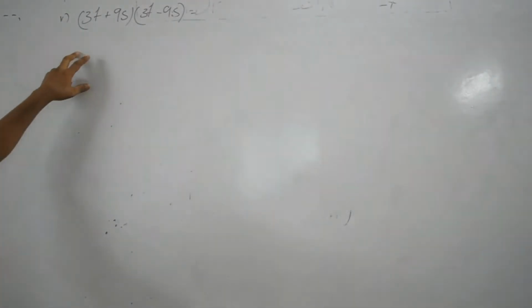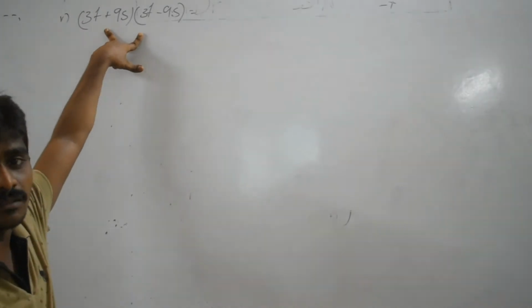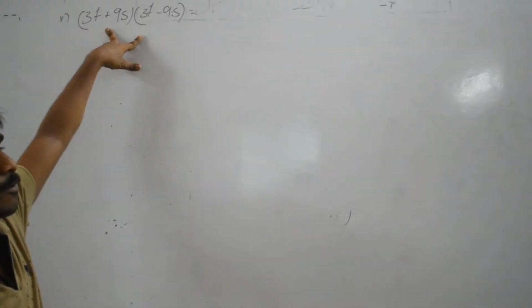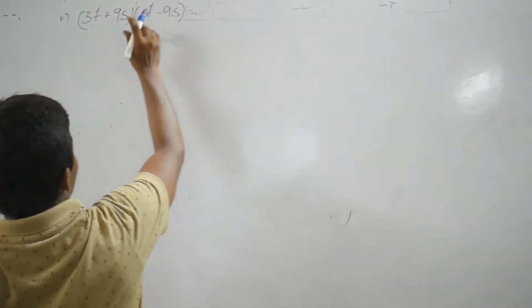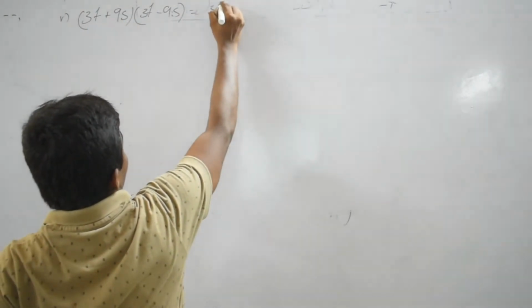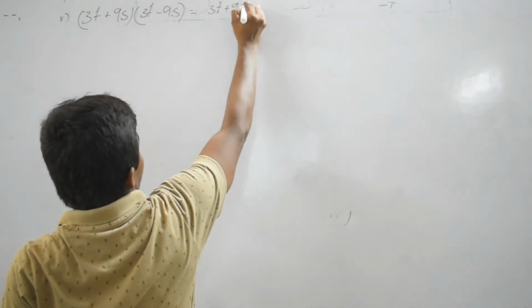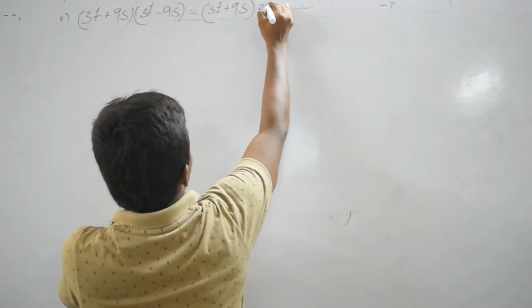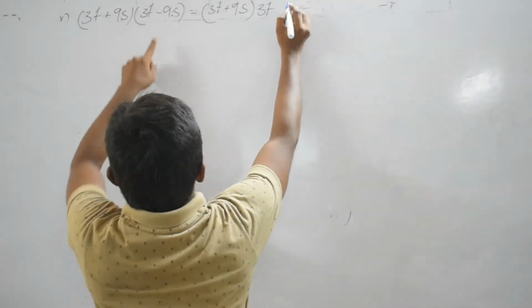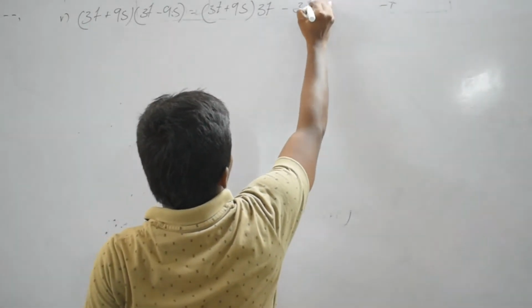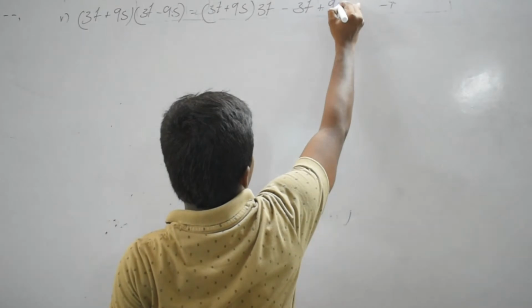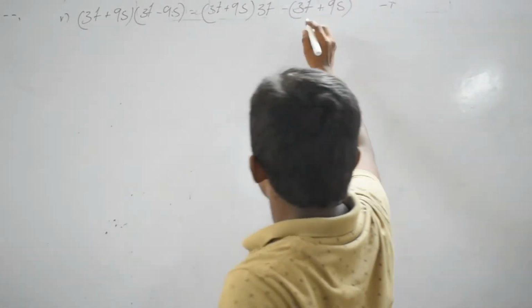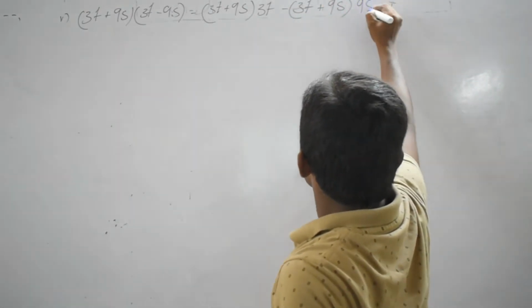So here see, both are binomial expressions, and we take the product of these binomial expressions. So 3t plus 9s cross 3t, minus 3t plus 9s cross 9s.